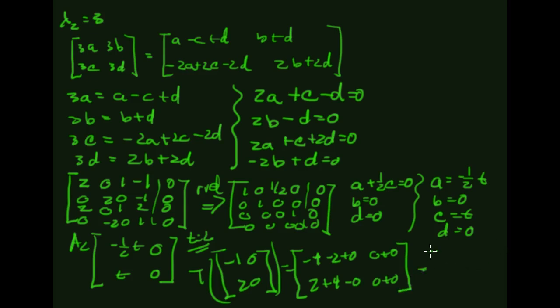So this comes out to be negative 3, 0, 6, 0, which is exactly 3 times the original matrix, which corresponds to the eigenvalue 3.